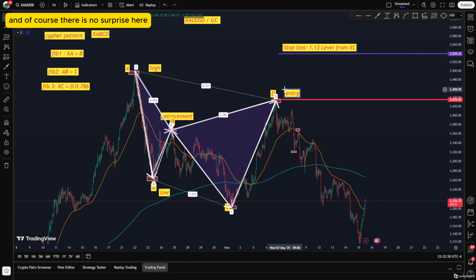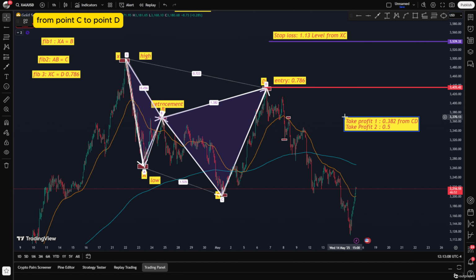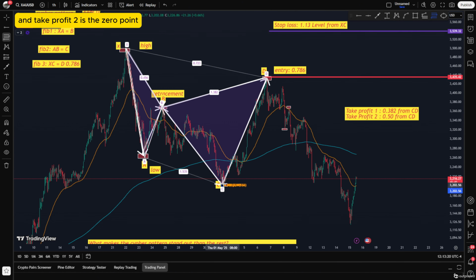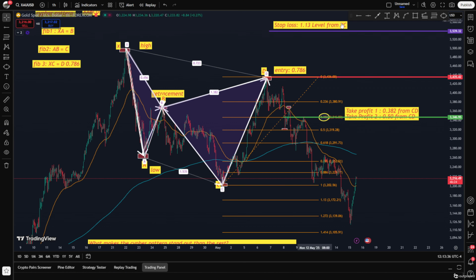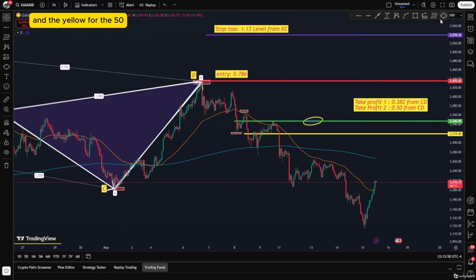Next is take profit. And of course, there is no surprise here. Take profit 1 is at the 0.382 Fibonacci level from point C to point D. And take profit 2 is the 0.50 Fibonacci level from C to D. Here is the green line for the 0.382 and the yellow for the 0.50.